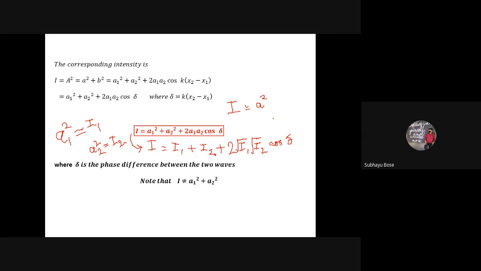Yes, sir. So see, the term which is responsible for the intensity variation is this term. Without this term, you wouldn't have got maxima, minima, dark, bright. Had there not been this term, you would have got an intensity which is constant throughout. Why?